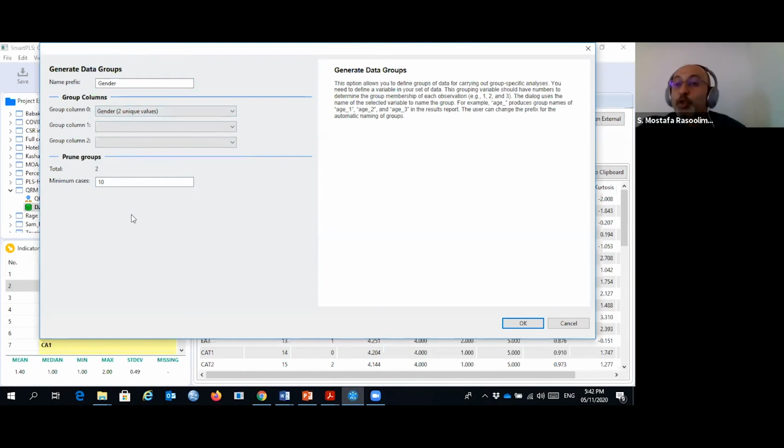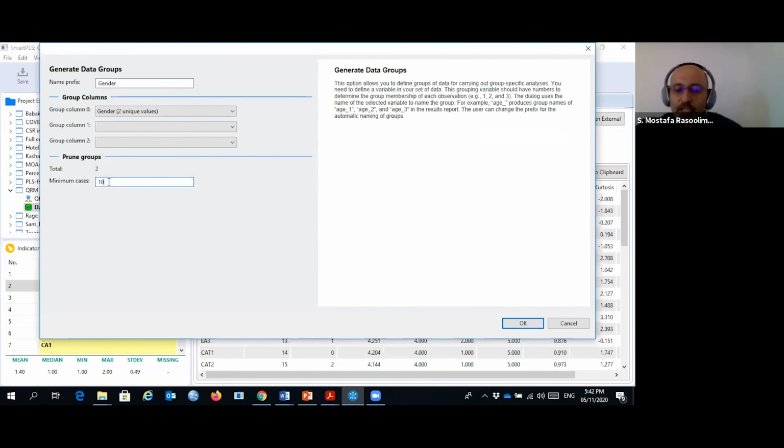Minimum cases per group. You can keep this default, or you can change it to any value that you want. Sometimes you have a minimum sample size for each group, and you want to group based on that minimum value, so you can change this number.